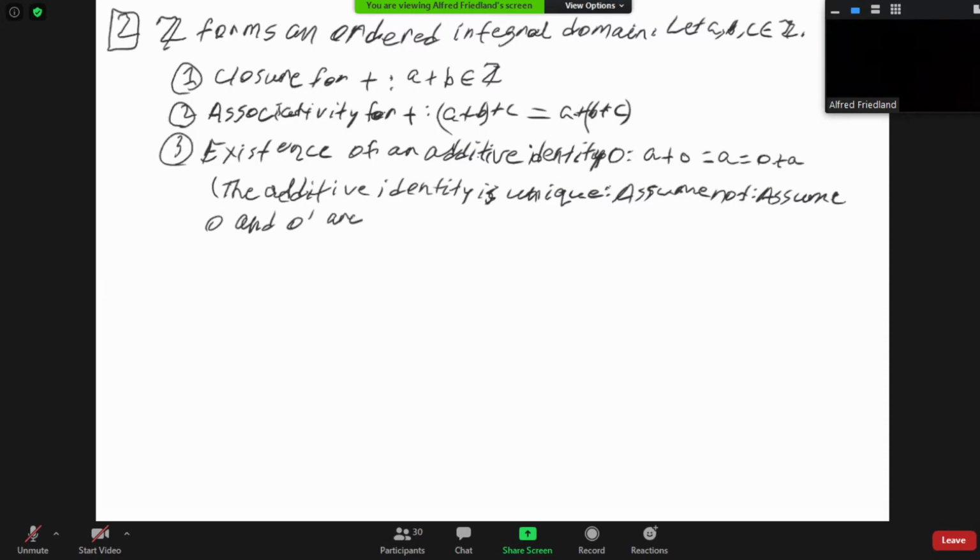Both are additive identities. Let's compute 0 plus 0 prime in two ways.